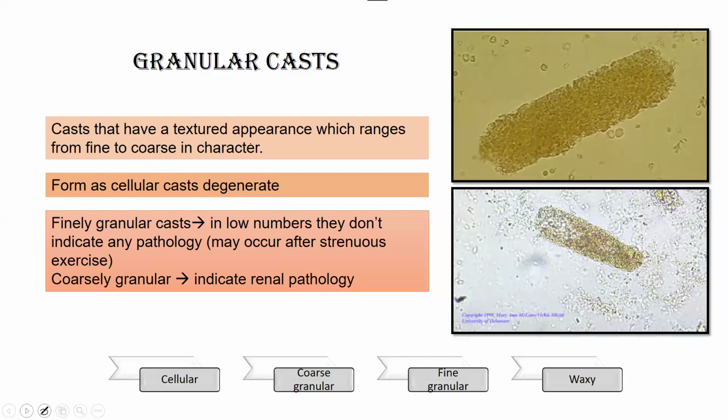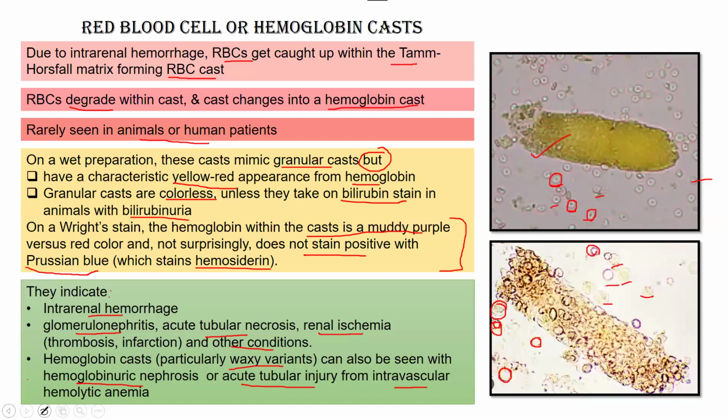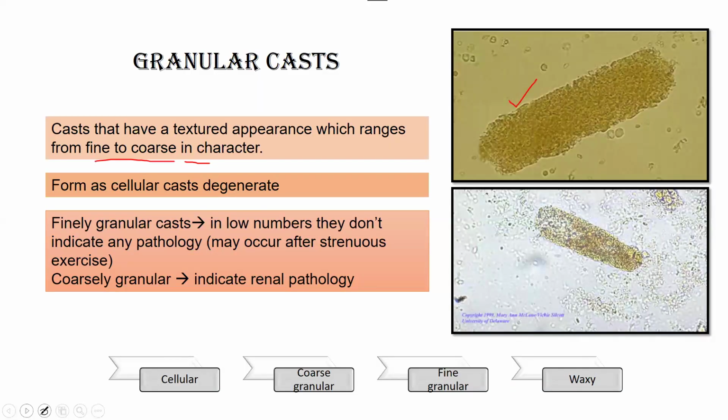Okay, next we have granular casts. Granular casts are casts that have a textured appearance, which ranges from fine to coarse in character. Basically, you can see this granular cast, and if we go back, you can see this RBC cast and then this granular cast, and there is a marked resemblance in both.